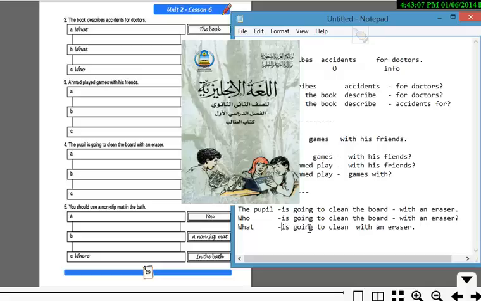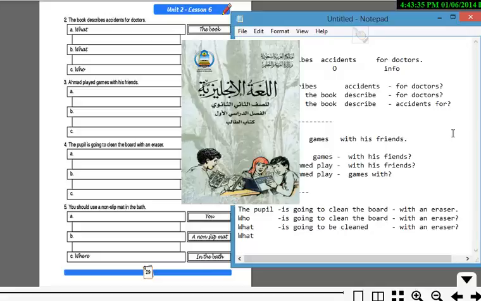Is going to clean. Is going to be cleaned with an eraser. What is going to be cleaned with an eraser? It is the board. Now, last one, an eraser. We're going to ask about that part of the information.